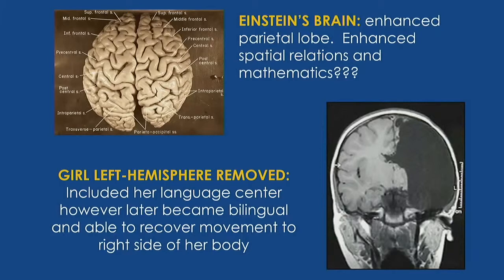And a little side note, they're selling slices of Einstein's brain, which is kind of a weird thing. And then the scan you see here is a girl with a left hemispheric area totally removed. Believe it or not, they did a follow-up with her, and her family was bilingual. She learned both languages, and she was able to recover the right side of her body. So if you doubted neuroplasticity, it does happen.